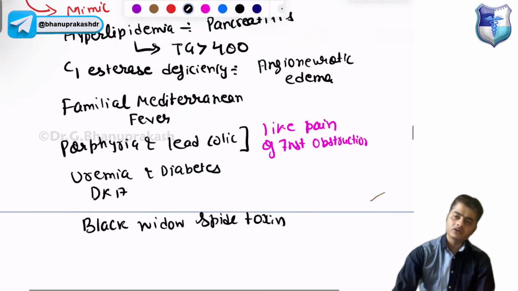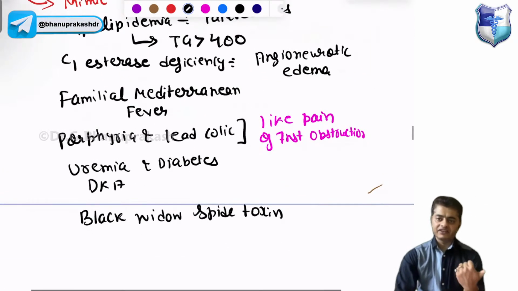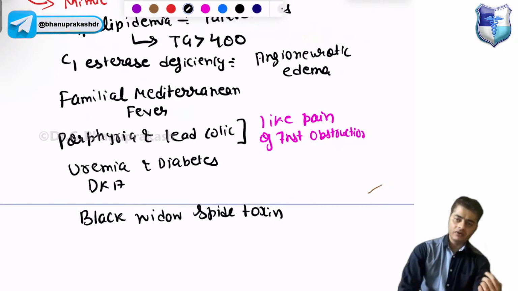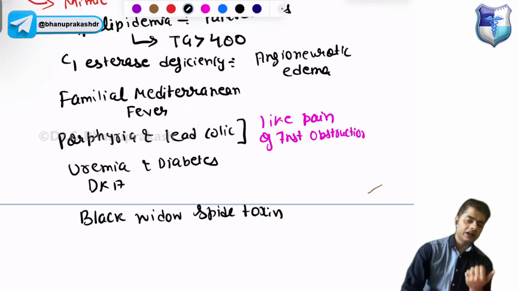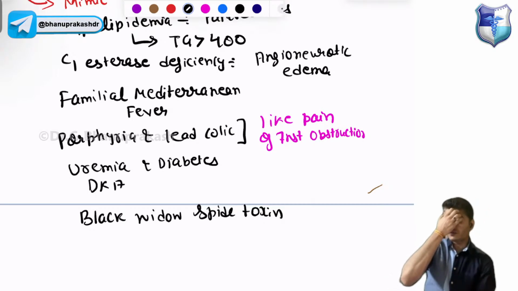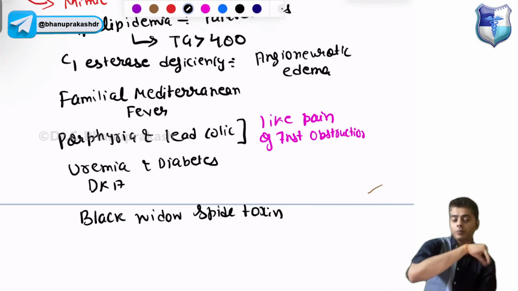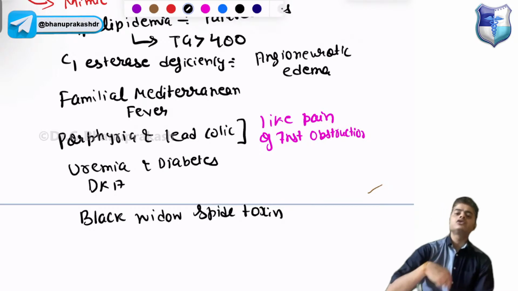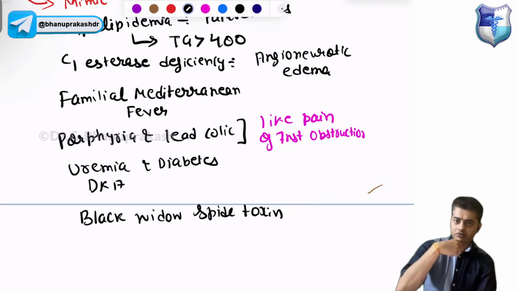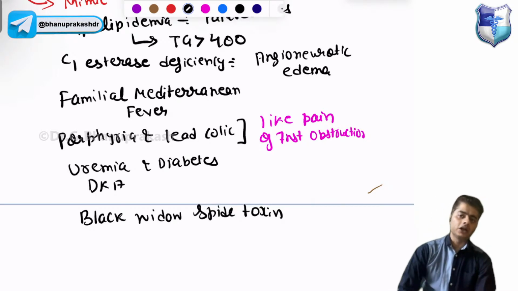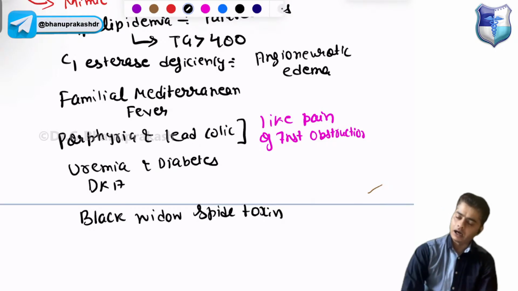So in metabolic abnormality, the kinds of pain are hyperlipidemia, C1 esterase deficiency, familial Mediterranean fever, porphyria, uremia and diabetes, and the maximum time what we see in our practice is DKA. Many times acute pancreatitis leads to DKA, and DKA leads to acute pancreatitis. So maximum time your DKA patient comes with acute abdominal pain. So you have to think of that also. If a diabetic patient comes to you with acute abdominal pain, in your mind there should always be a DD of diabetic ketoacidosis.